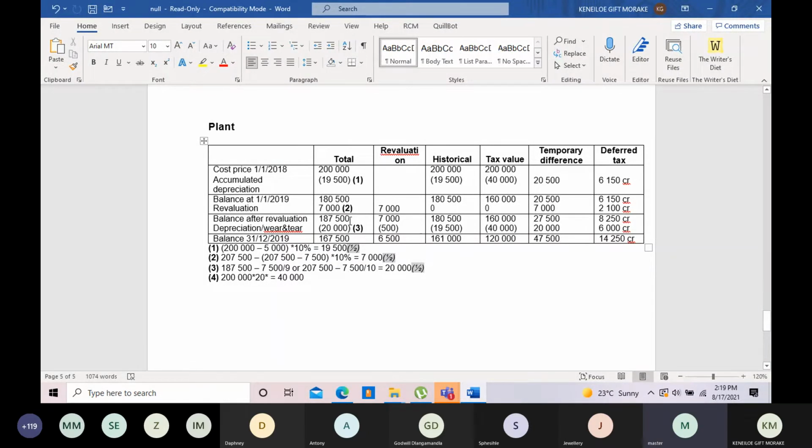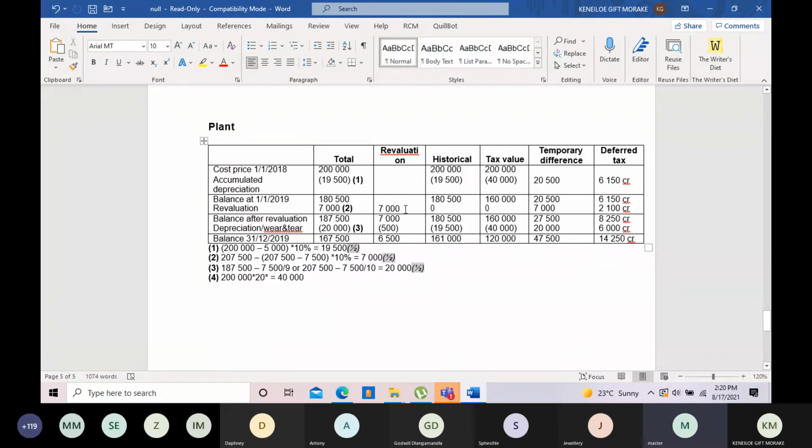On this part of revaluation, you're going to move this 7,000 under revaluation here, as you can see. The balance here is the dash plus the 7,000, so you get 7,000, because there's nothing next to the cost price. You only have the revaluation during the year.